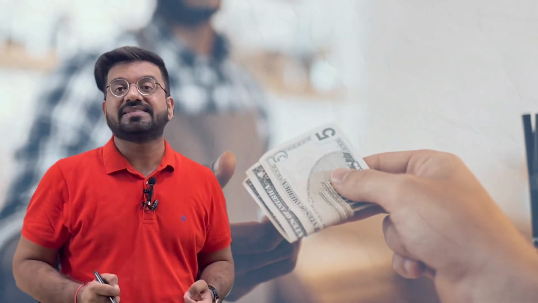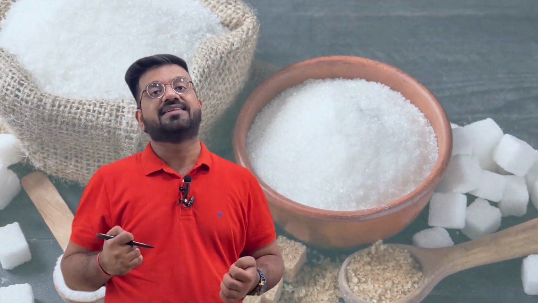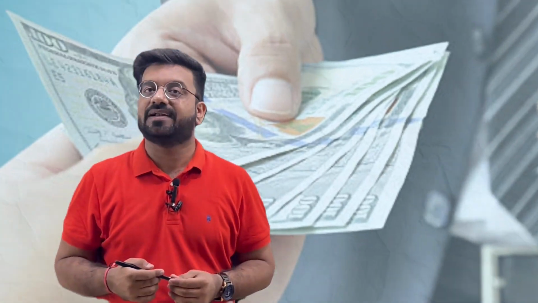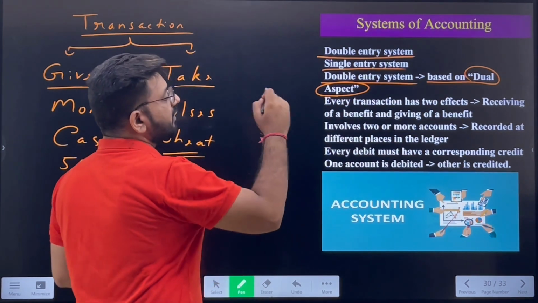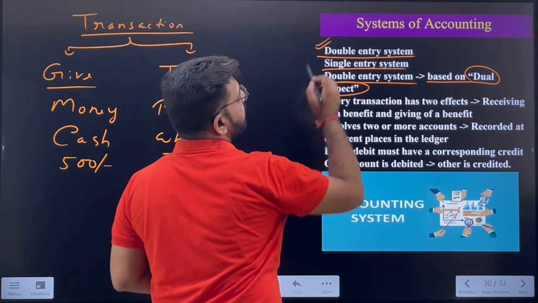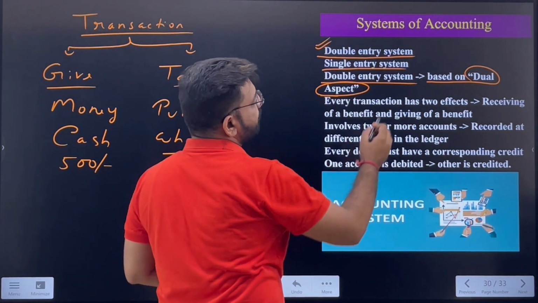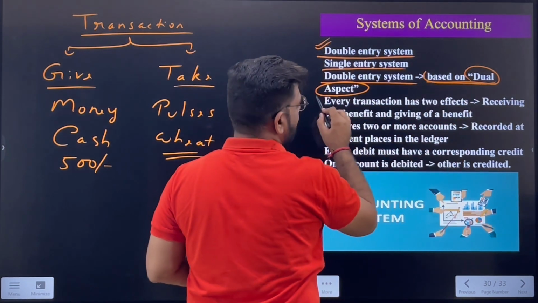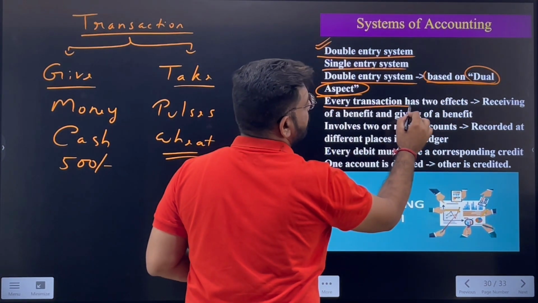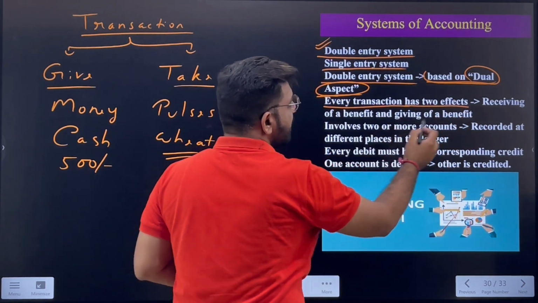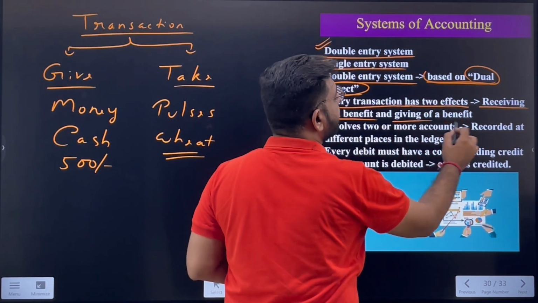So every transaction has two effects. One thing comes to us and the other thing goes from us. Is that clear? Only on this is the double entry system based, the dual aspect, for every transaction has two effects, receiving a benefit and giving a benefit.